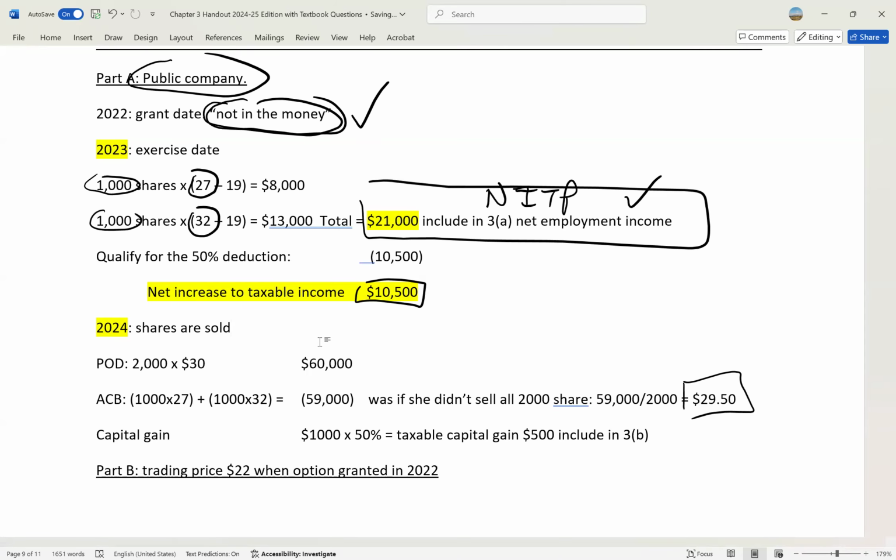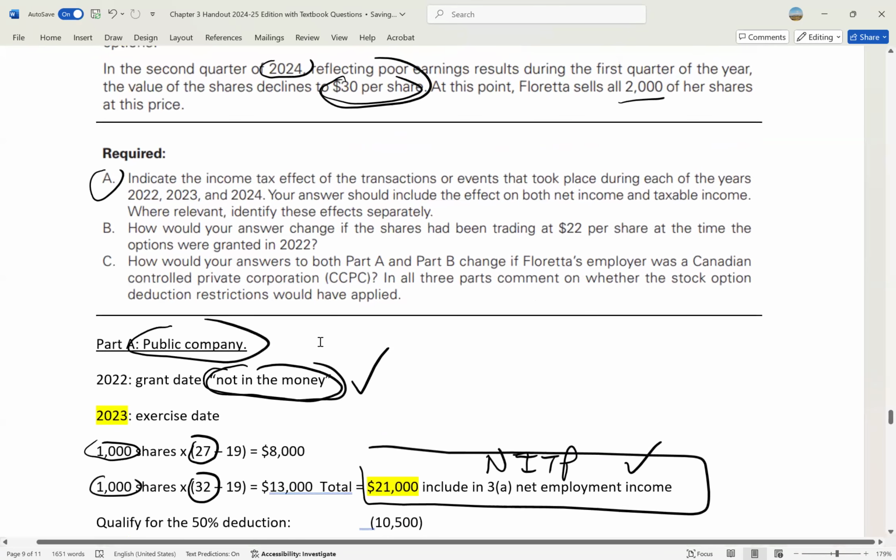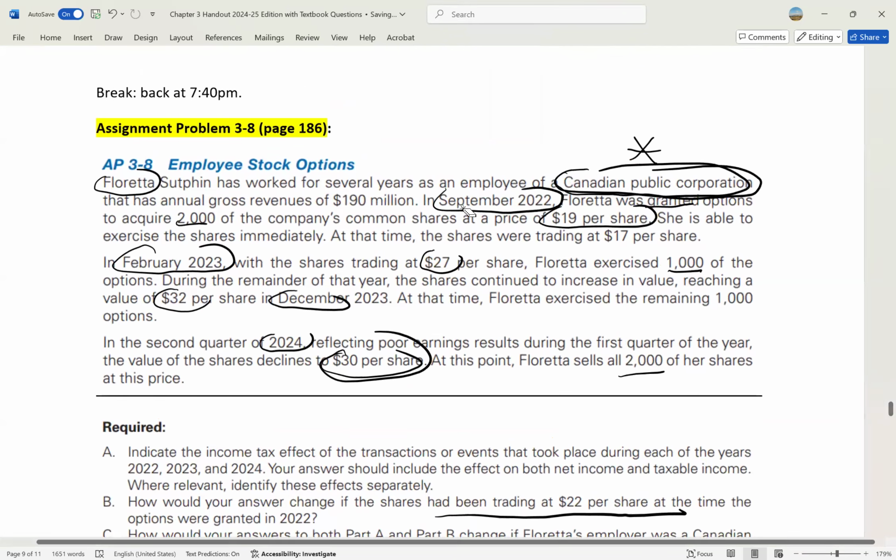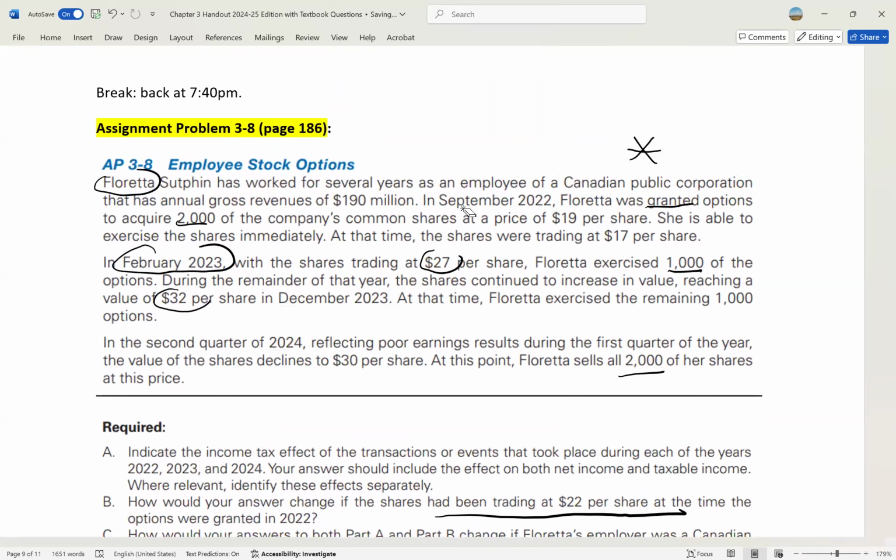Let's have a look at Part B. Part B says, how would your answer change if the shares had been trading at $22 at the time the option was granted? So what Part B is saying is that if we go back to the question, the only change for Part B is that at the time the option was granted, rather than it being $17, the shares were trading at 22.